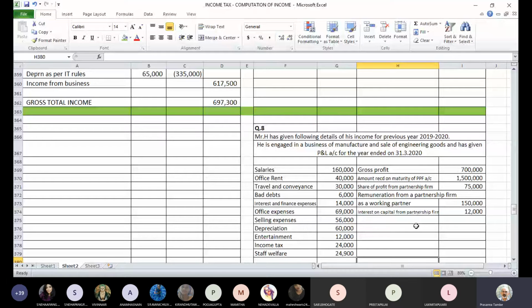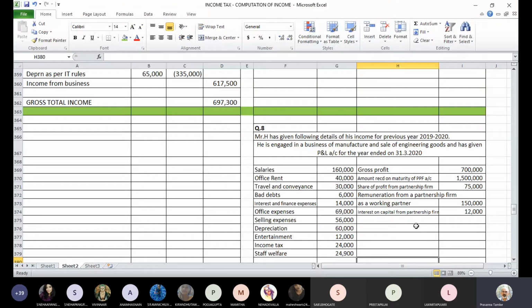If you recall our discussion on section 28, we have discussed these items, wherein section 28 says if a working partner receives any fees, salary, bonus, commission, or any other form of remuneration from a partnership firm, it is taxable under the head income from business or profession.